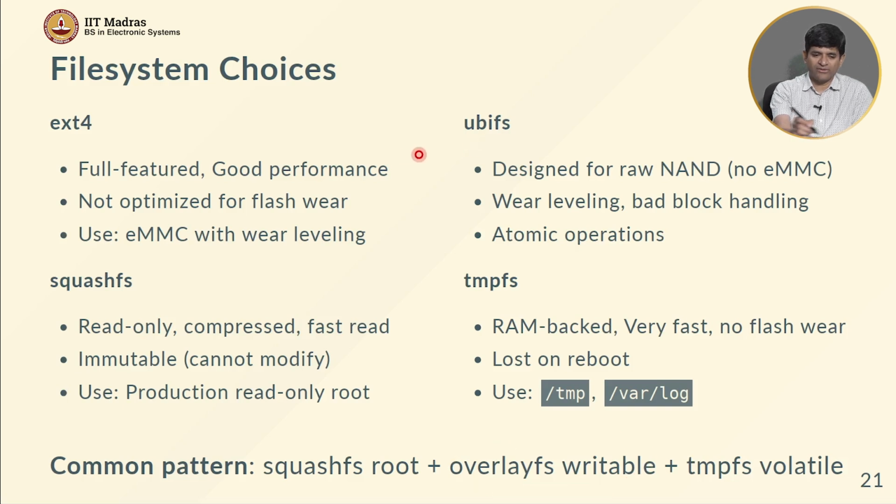That could be UBIFS or ext4 depending on the kind of underlying storage that you have. And in general most systems would have a volatile temporary tmpfs file system as well. So when you are building a full-blown Linux environment for something like this, you want to decide on the kind of file system pattern that you are going to use, the layout that you are going to finally be using in practice.